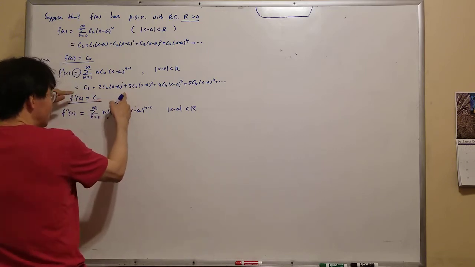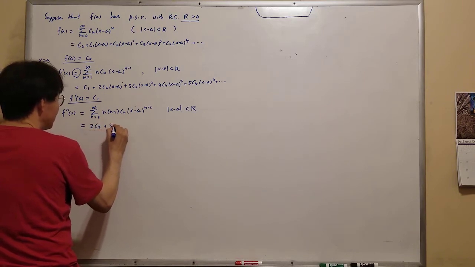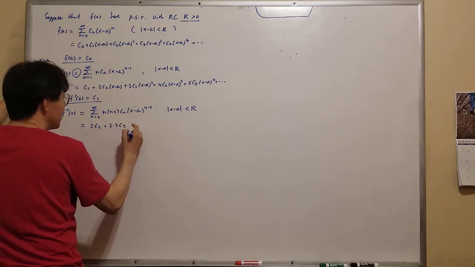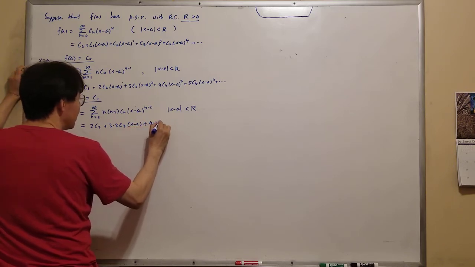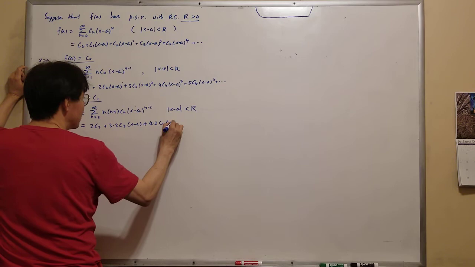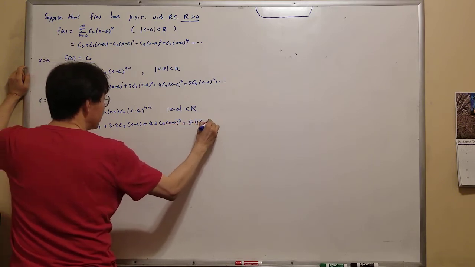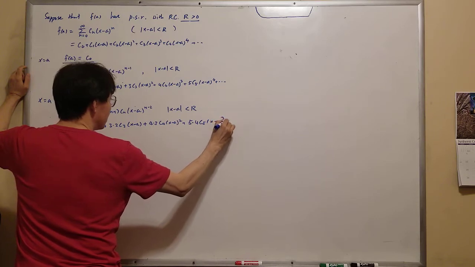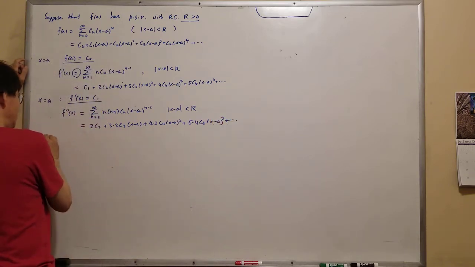If you take the derivative, this means 2c2, 3 times 2 c3(x minus a), 4 times 3, 5 times 4, and so on.